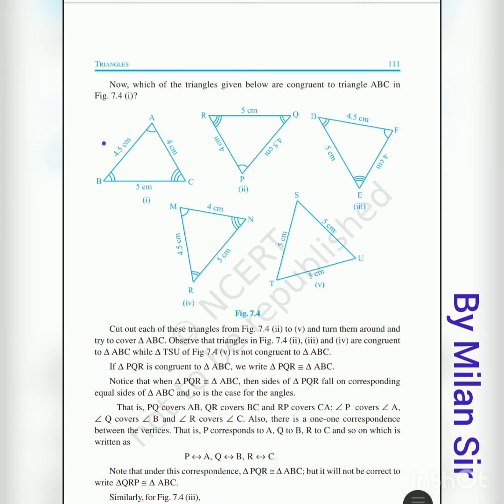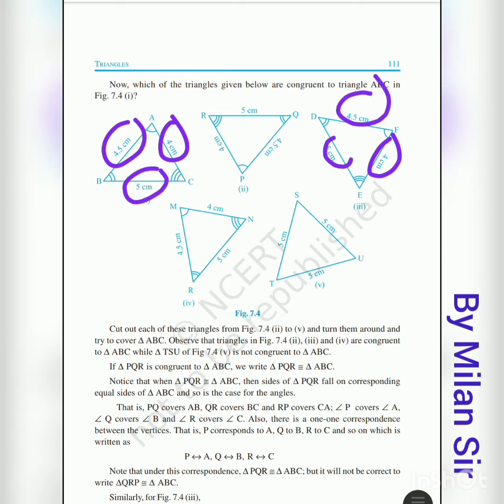So here these two triangles are congruent triangles. Now here angle A is the same as F, angle B is the same as angle D, and angle C is equal to angle E. Here the measurements are 4 centimeter, 4.5 centimeter, and 5 centimeter.